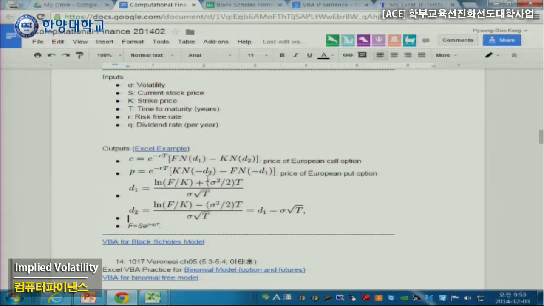Okay, and why don't you try it now? And then here, you're wrong. BSM. C1, C2, C3, no, this is the C4.